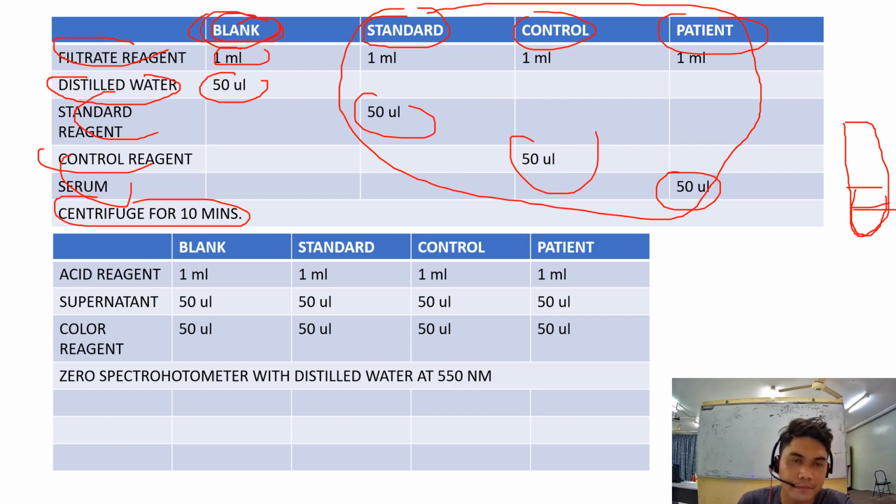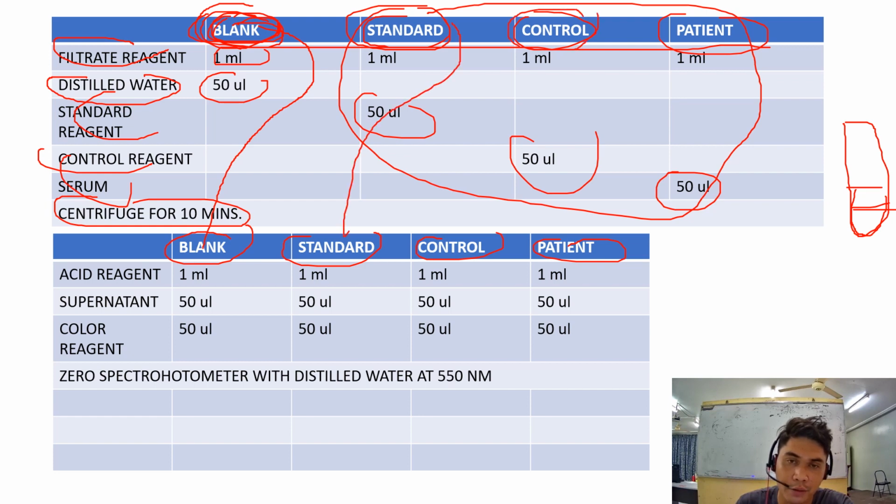After that, you will use the supernatant from the first four tubes. For the second procedure, we prepare another four tubes: one for blank, one for standard, one for control, and one for patient. The supernatant from the blank tube is transferred to the new blank tube, standard to standard, control to control, and patient to patient.